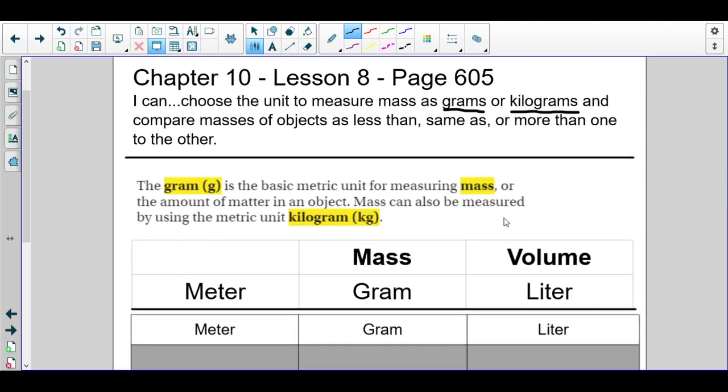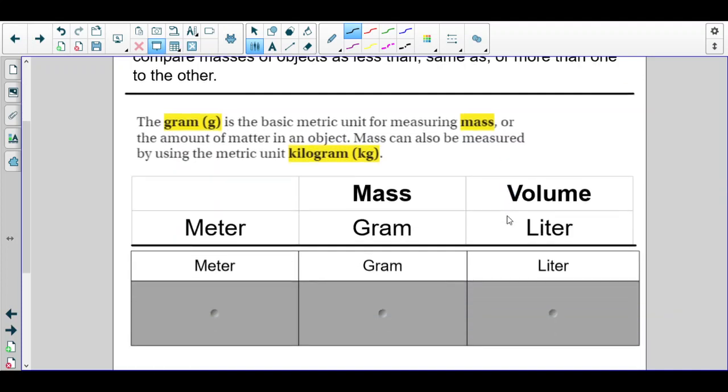So let's take a look here at the gram. It is the basic metric unit for measuring mass or weight. It is the amount of matter in an object. Mass can also be measured by using the metric unit kilograms.